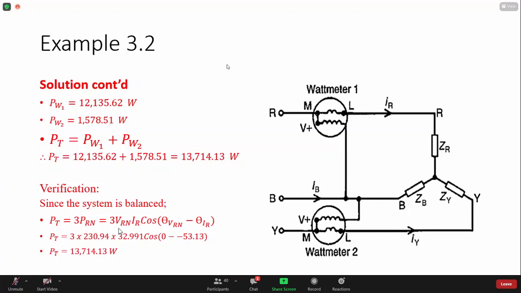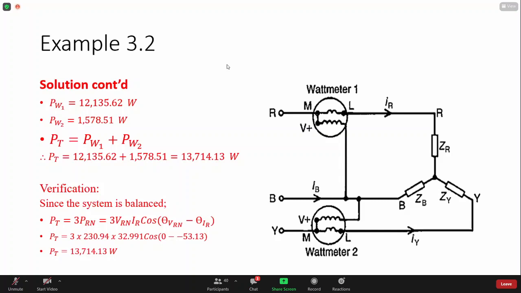All right, so 3 times the 230.94 times the 32.991. VRN was at angle 0 and IR was at minus 53. So the total power using what we know from before is 13,714.13 watts.